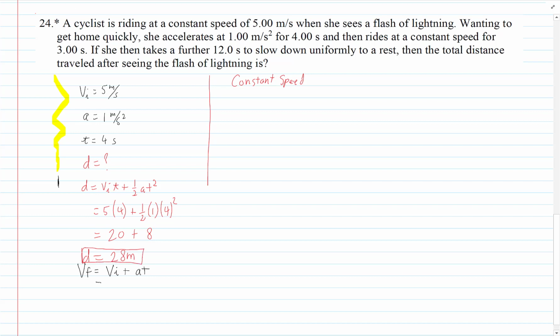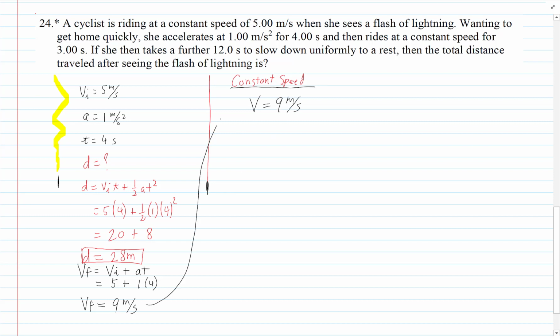So VI is 5 plus 1 times 4, and that's just going to be 9 meters per second. So that is the speed that she ends up at, and that's the speed at the beginning of the constant speed section. So the speed in this constant speed section is 9 meters per second.